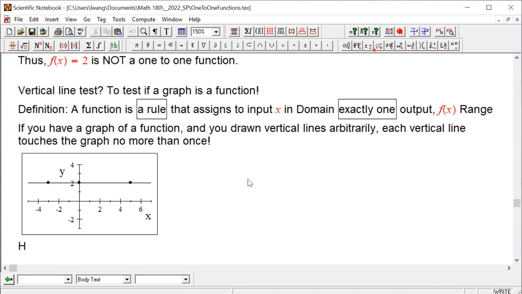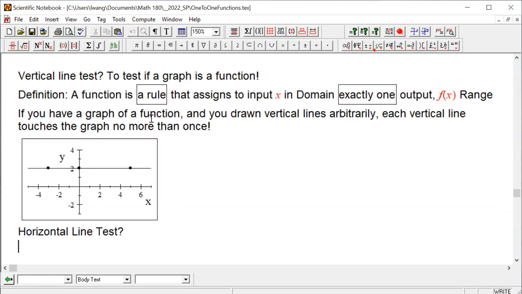It's called horizontal line test. Why horizontal line test? What does horizontal line test do? Suppose I draw a horizontal line.